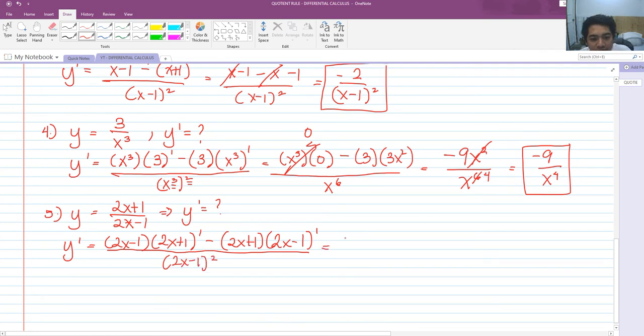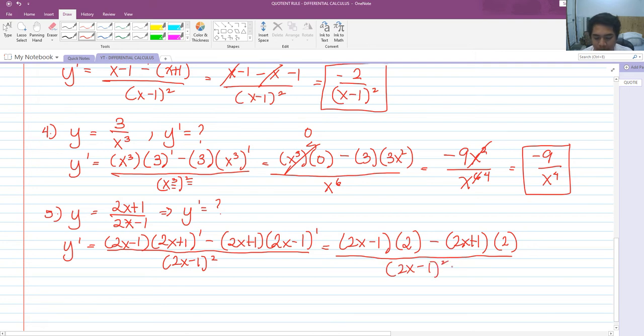So let's try. That would be 2x minus 1 multiplied by the derivative of 2x plus 1, which is 2. And then we have minus 2x plus 1. The derivative of 2x minus 1 is 2 also. So we have all over 2x minus 1 squared.